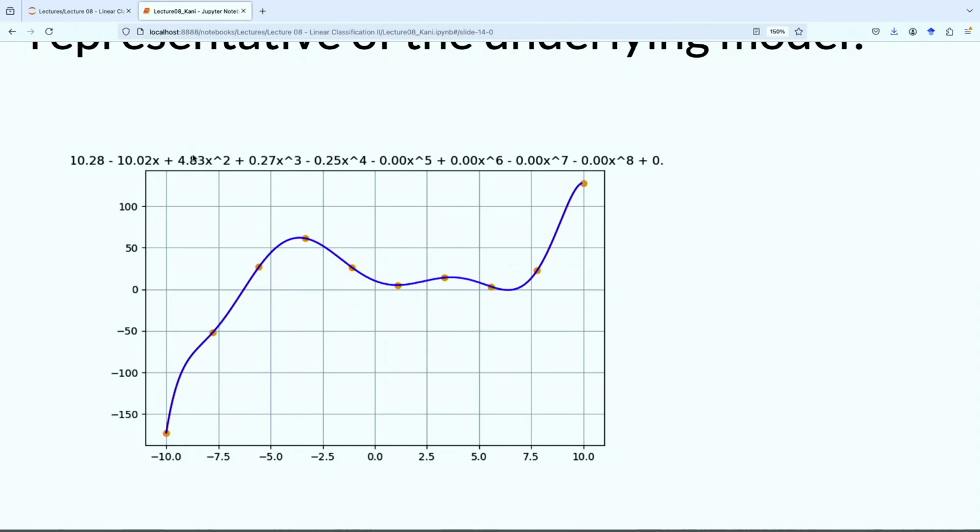But as you see, you could always fit an order n-1 polynomial to data of size n perfectly, right? Because it's like a system of linear equations. You have 10 data points and you have 10 unknowns.